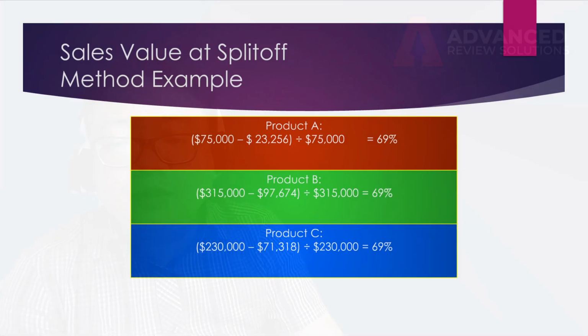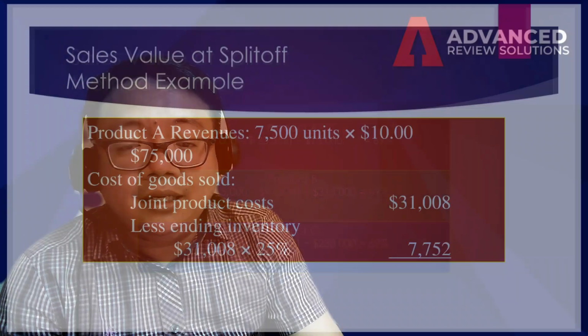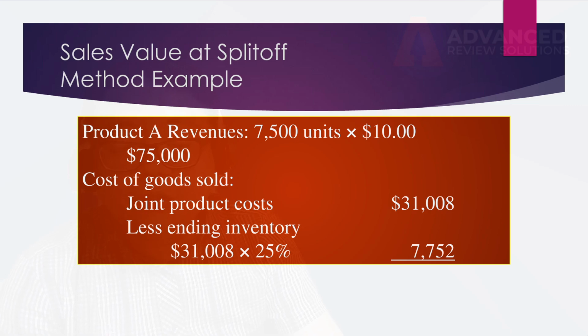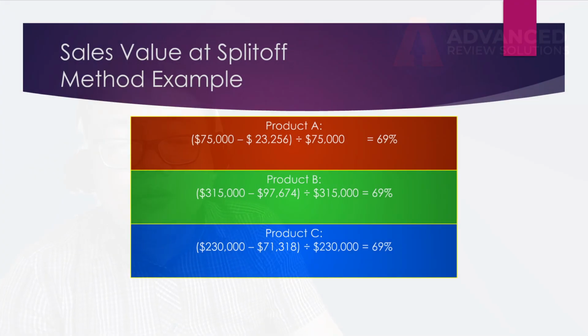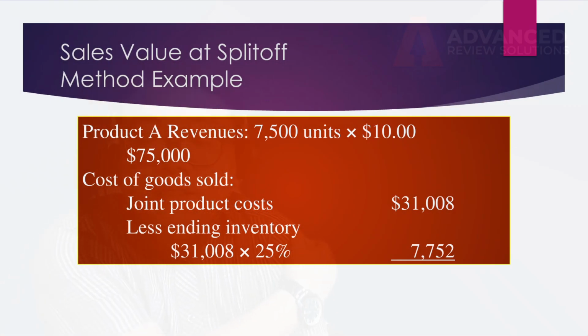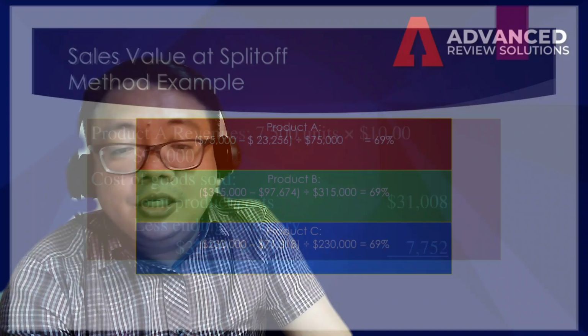So if you prepare this one, if you notice in terms of product A, 75,000 minus 23,256, that's your joint cost allocation. Just divided by 75,000, 69% would be your gross profit margin, no? 315,000 minus 97,674. Class, dito yung galing ha, yung 31,008 kasi, yung kalahati niyan ay basically parang part siya ng allocation cost, no?